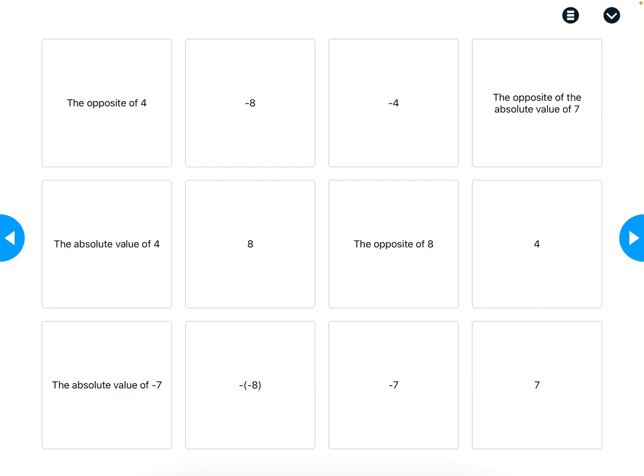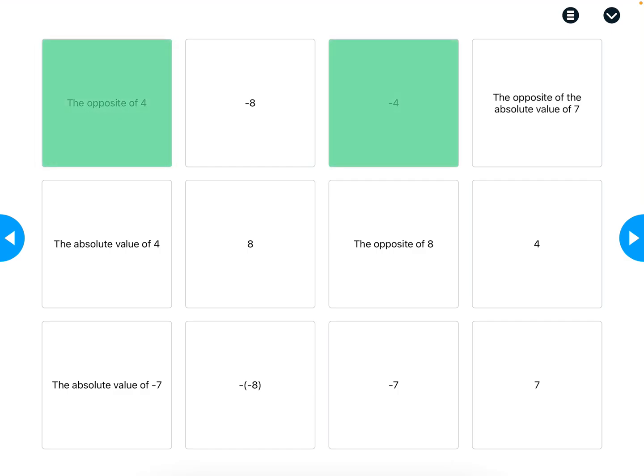All right, so we have some more matching here. In the top left-hand corner, the opposite of 4, so it's not asking for the absolute value, it's asking for the opposite. So on the opposite side of 0 from a +4 is a -4. Top right-hand corner, the opposite of the absolute value of 7.